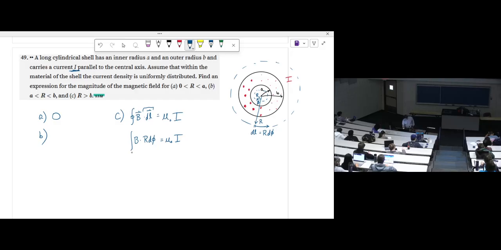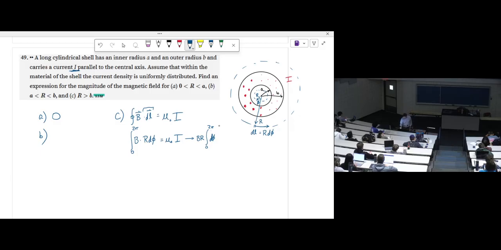And we're integrating d phi around a closed loop. You remember that there are 360 degrees in a closed circle, or 2 pi radians. So we're just integrating from 0 to 2 pi radians around that circle. Well, B and r do not depend on phi, so that's equal to B times r times the integral from 0 to 2 pi of d phi.